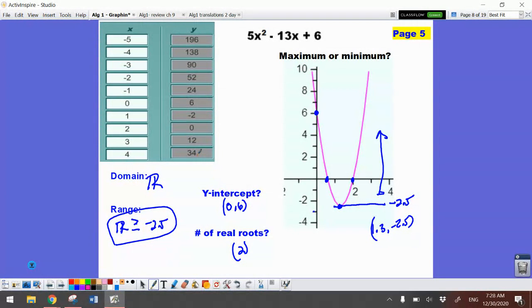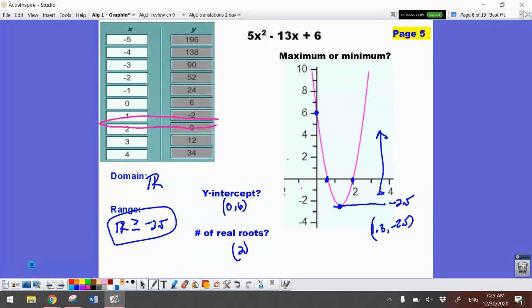And the reason that I see that is because, looking at what's happening, I can tell kind of where the bottom should be approximately. So I see that these numbers come down 52, 24, 6, negative 2, and then it goes to 0.